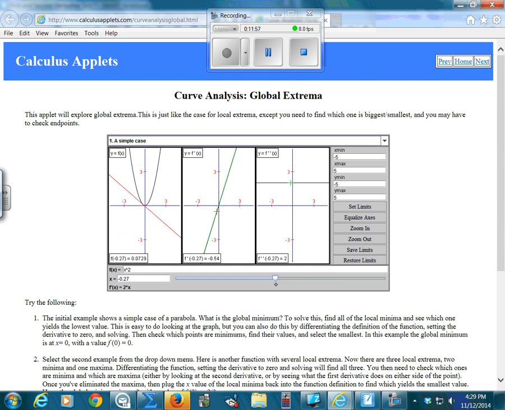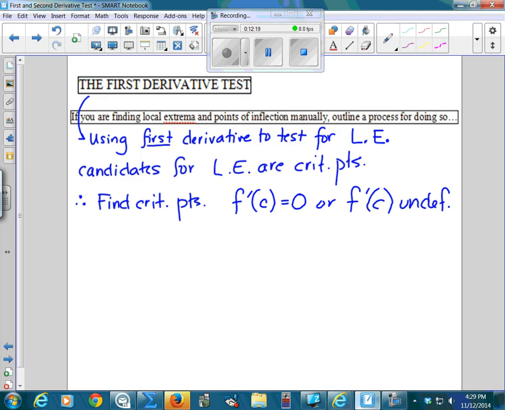That has to be occurring at a local extreme. A sign change in f prime has to occur because the original curve has to go, as you can see over there, from decreasing to increasing. So we look for a sign change in f prime.